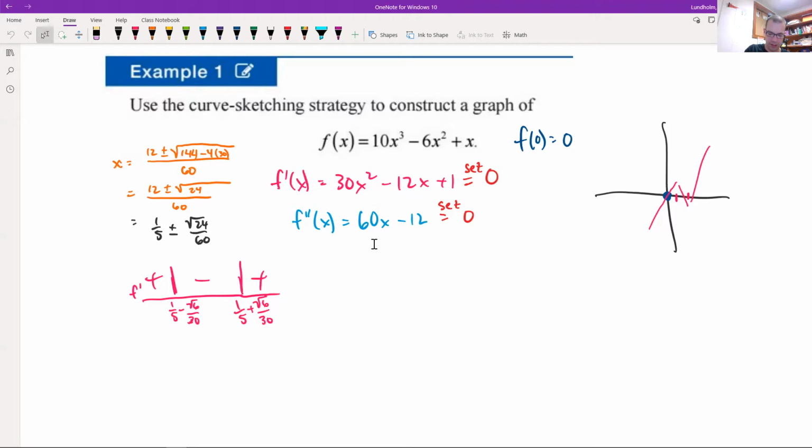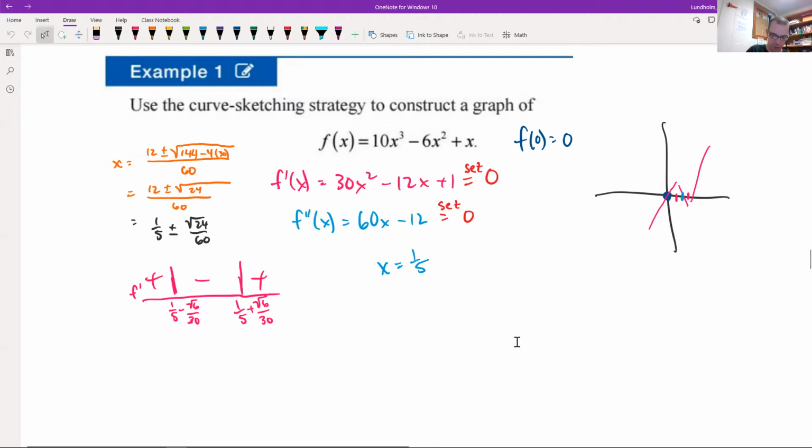Here we just get x is equal to 1/5, which was actually directly in the middle of these two x values because, yeah, we're symmetric around 1/5 here. So this one is going to be an important thing there.